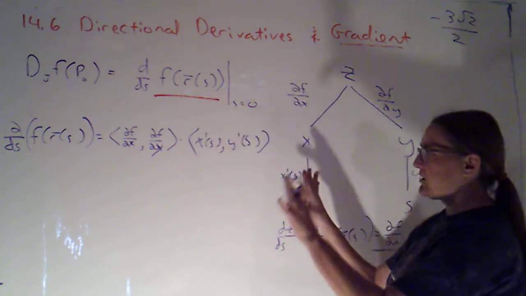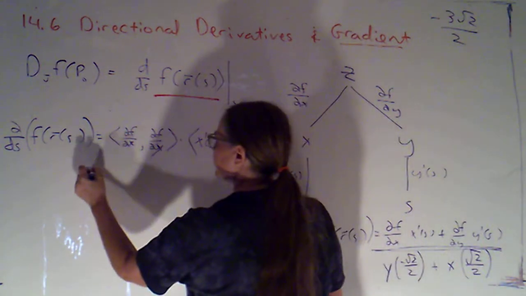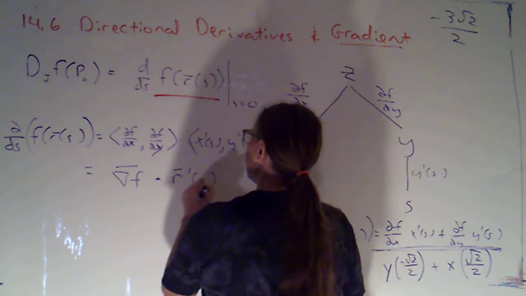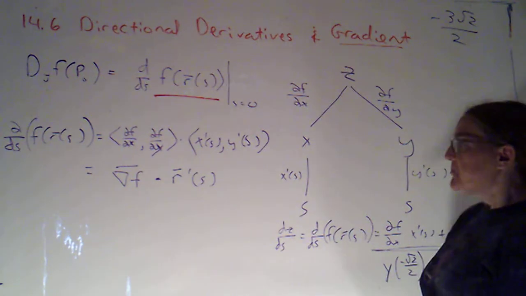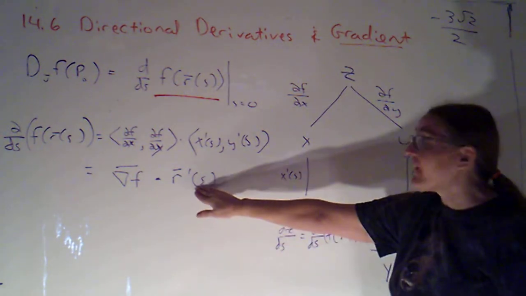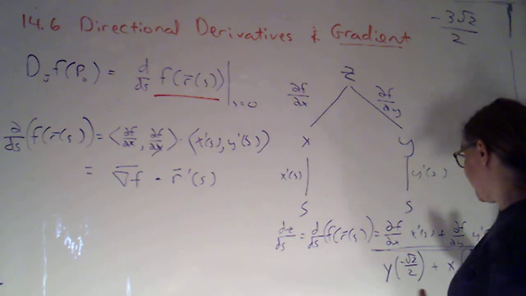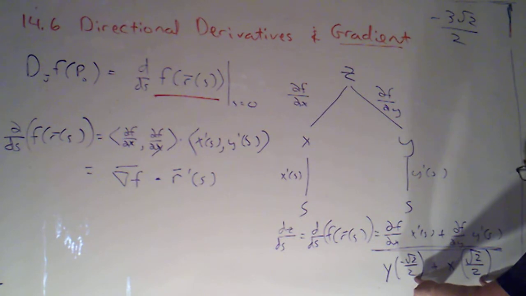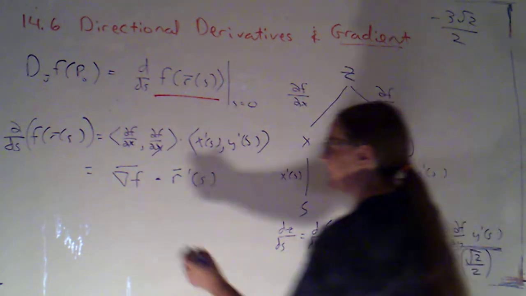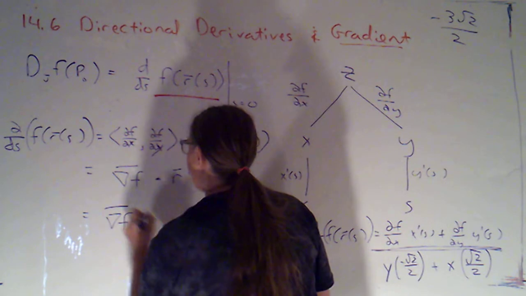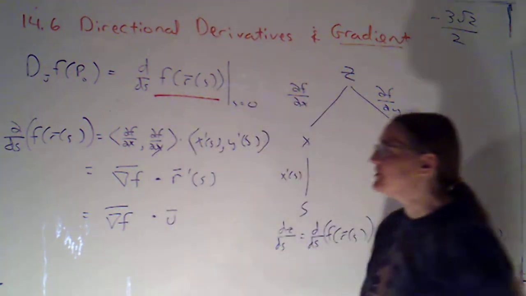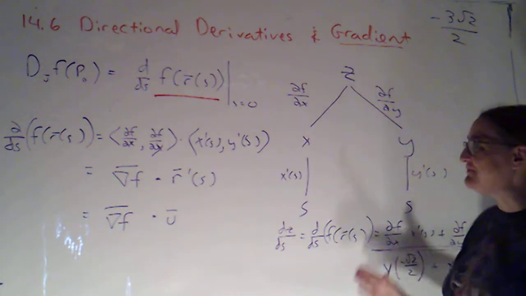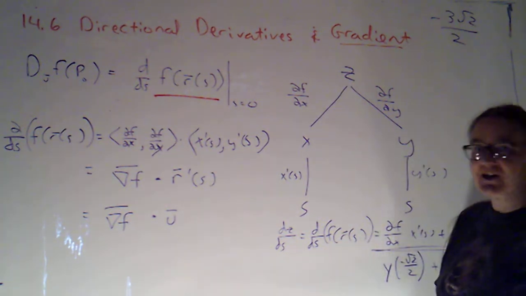Now this is the version that would generalize and be true even if this wasn't a linear function. That's the gradient of f dotted with r prime of s. But it gets even better because our r was a linear function. So when we looked at what the components of the derivative were, they were just the components of our direction vector. So this is just the gradient of f dotted with u.